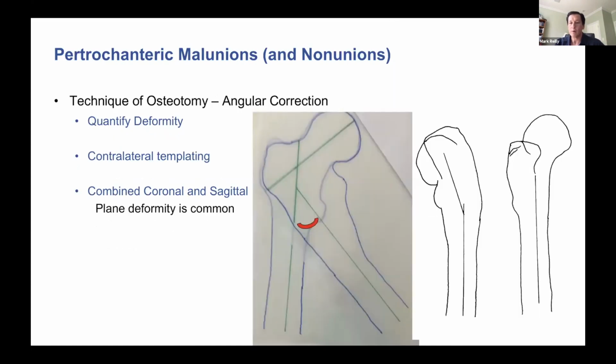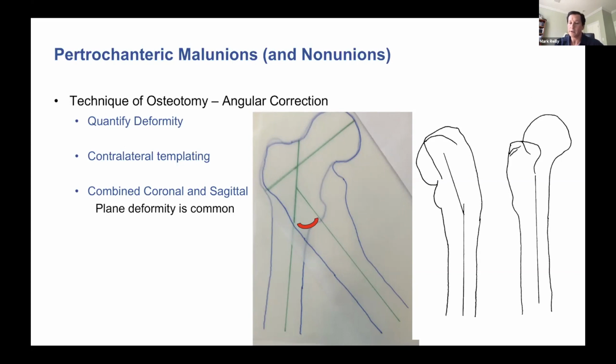So how is our planning different from that for a femoral neck nonunion or an atraumatic proximal femoral deformity? Well, it's not really that different, except that we have a sagittal plane deformity quite commonly that we really have to address. So the coronal plane deformity, we can utilize the techniques that we've seen so nicely discussed, templating from the contralateral side to determine our angular correction.